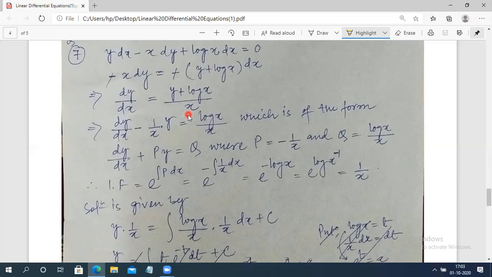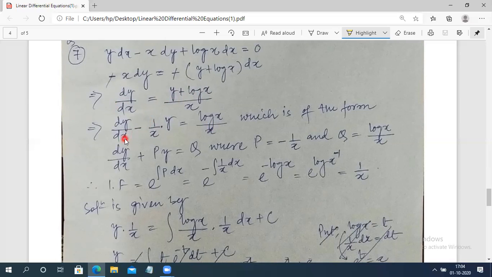Okay, so since they are dy by dx, you have to move this term containing y to the left hand side, because it is of the form dy by dx plus p into y. So since this term contains y, bring this term to the left hand side and log x by x is on the right hand side.